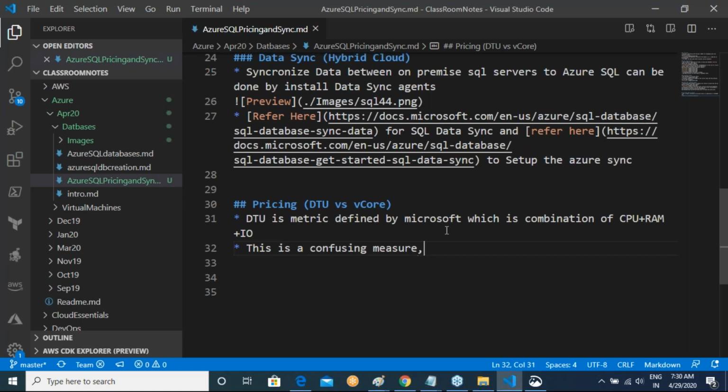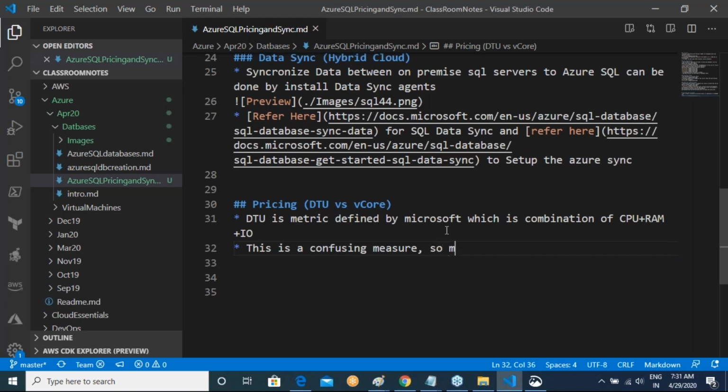Because generally, if you ask a database engineer what his database is all about, he will try to tell the server configuration. He knows about servers. I am running my database in a server which has 32 GB of RAM, on a 4 core processor. He will tell you this, right?